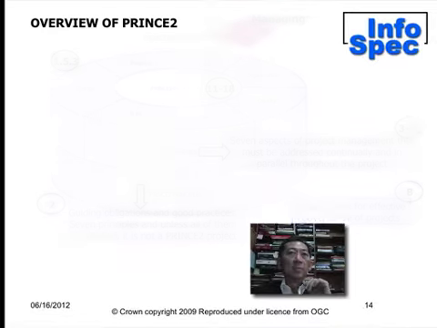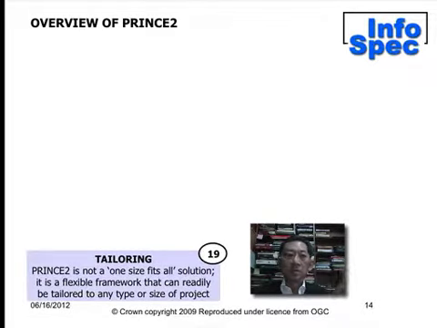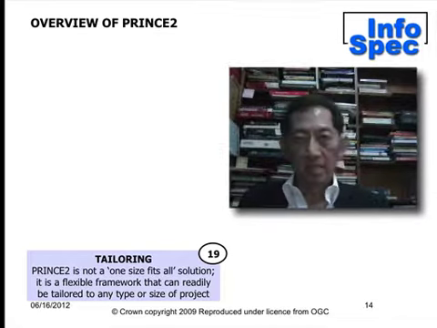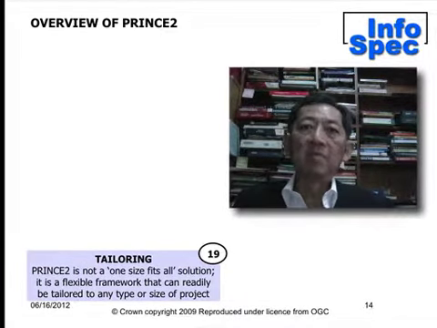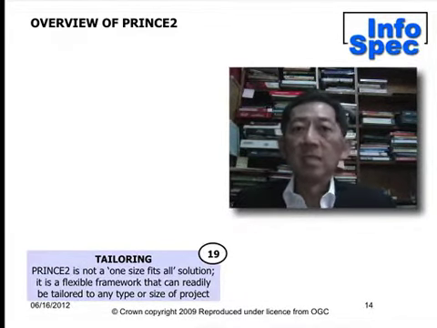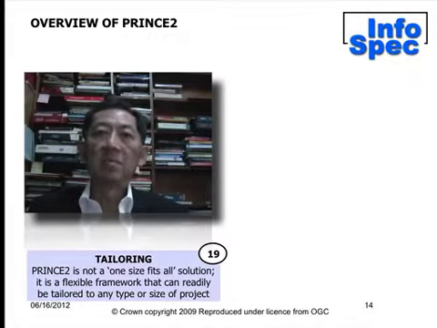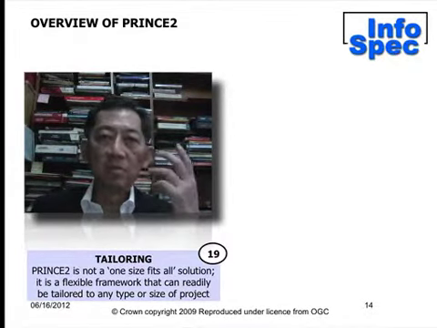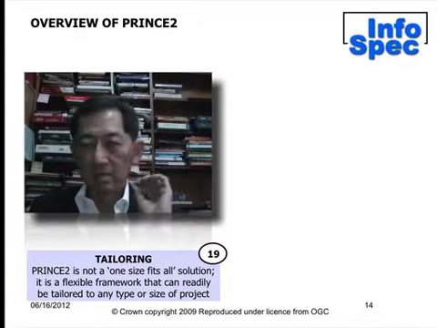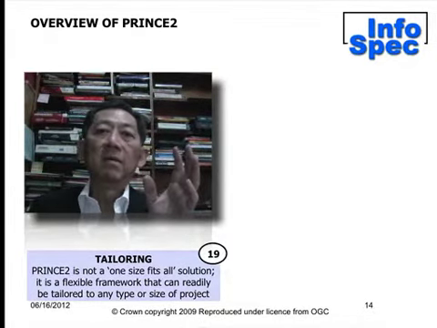And something else that is probably not as easy to specify within Prince2: one of the fundamental ideas behind Prince2 is that there must be a fair bit of tailoring. Why? Because there is no such thing as a method, whether it's Prince2 or some other method, that can be applied by the book. You cannot actually follow things by the book in exact detail for any method.